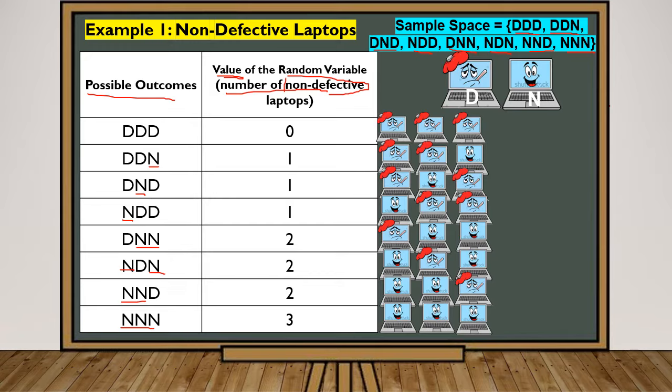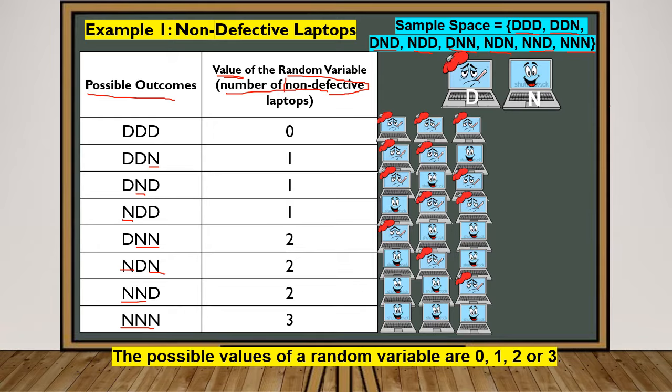Now, what do you think are the possible values for the non-defective laptops when three laptops are tested at random? So the possible values of a random variable, of course, we have to summarize it. The possible values could be 0, 1, 2, and 3. So that's why the possible values for the number of non-defective laptops are 0, 1, 2, or 3. Why don't we have a value of 4?